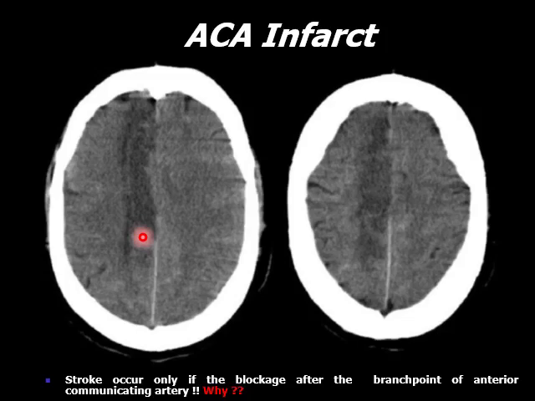Whereas if the blockage happens just following the anterior communicating, then it's an irreversible stroke because there is no alternative pathway to reach this area. So this is the picture for the anterior cerebral artery infarction or stroke. It occupies the medial parasagittal aspect of the cerebral hemisphere.